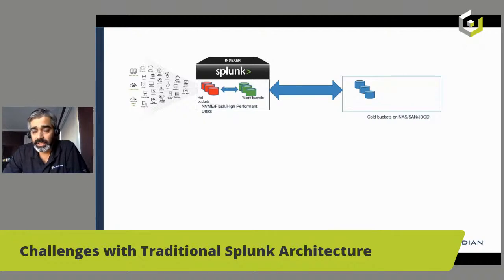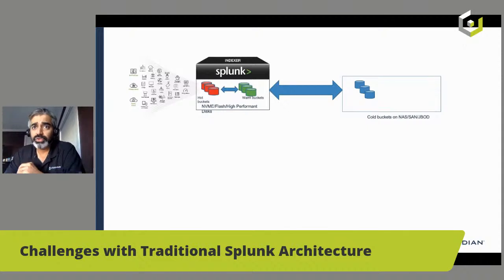These indexers and their storage hold the recently ingested data, typically 1 to 7 days' worth of data, and this is termed hot buckets. Anything beyond that also needs to be on the indexers, for about 30, 60, 90 days' worth of data, and that's the warm buckets. Beyond that, data can be offloaded onto external storage like NAS, SAN, and JBODs as cold buckets.